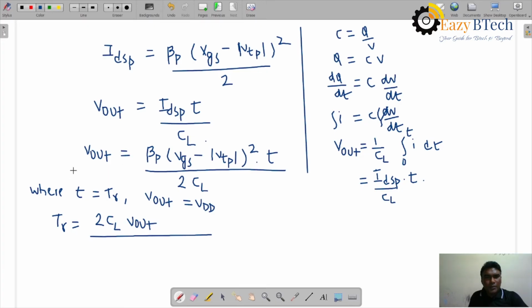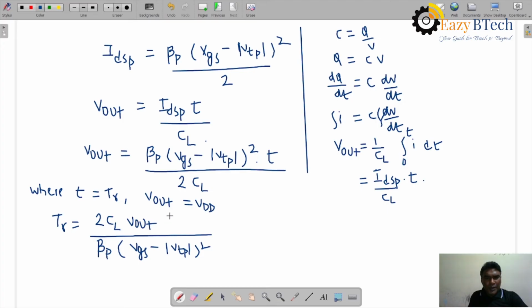divided by, since it was multiplication on the left side, it will be dividing, beta P into (VGS minus VTP) whole square.